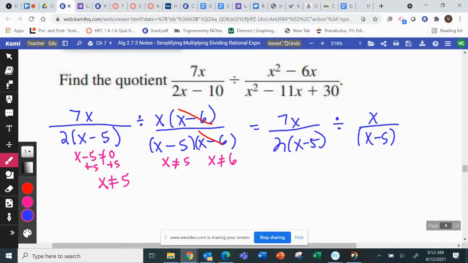What is the rule for dividing fractions? What is the rule for dividing fractions, Nita? Yeah, we don't divide fractions. We multiply by the reciprocal. So at this point, I'm going to change my division into multiplication.